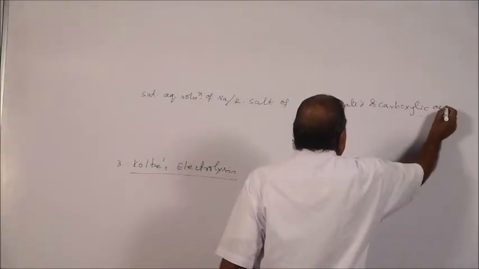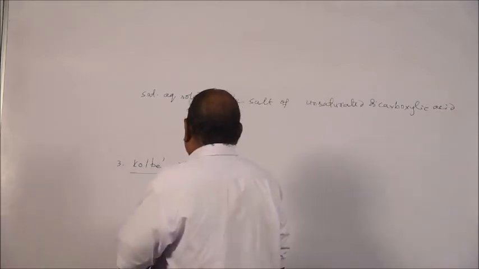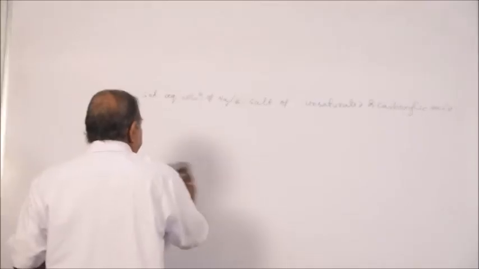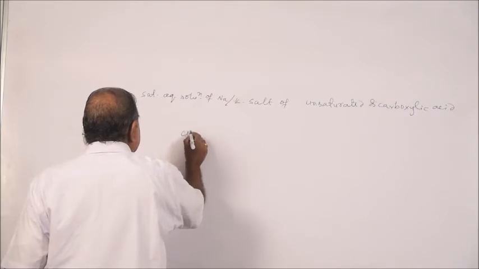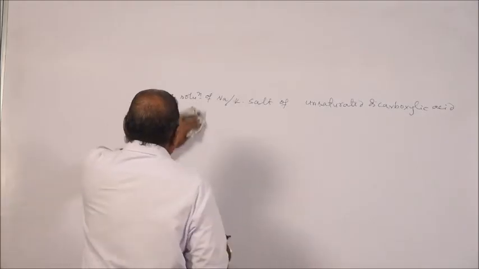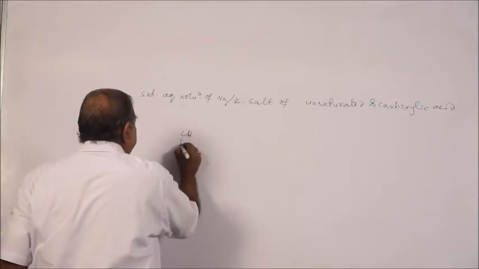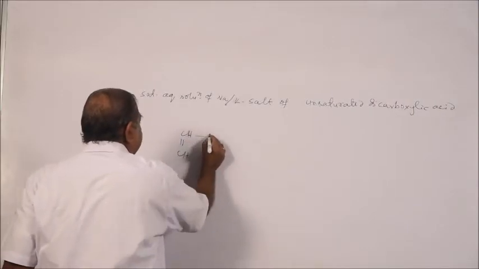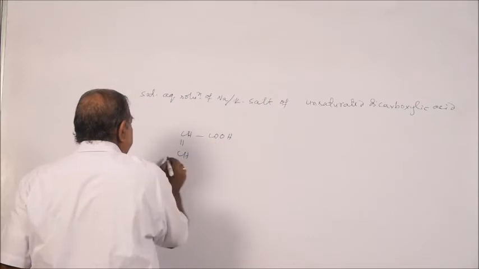This compound on electrolysis gives alkyne. One such unsaturated dicarboxylic acid I am writing is CH, COOH.